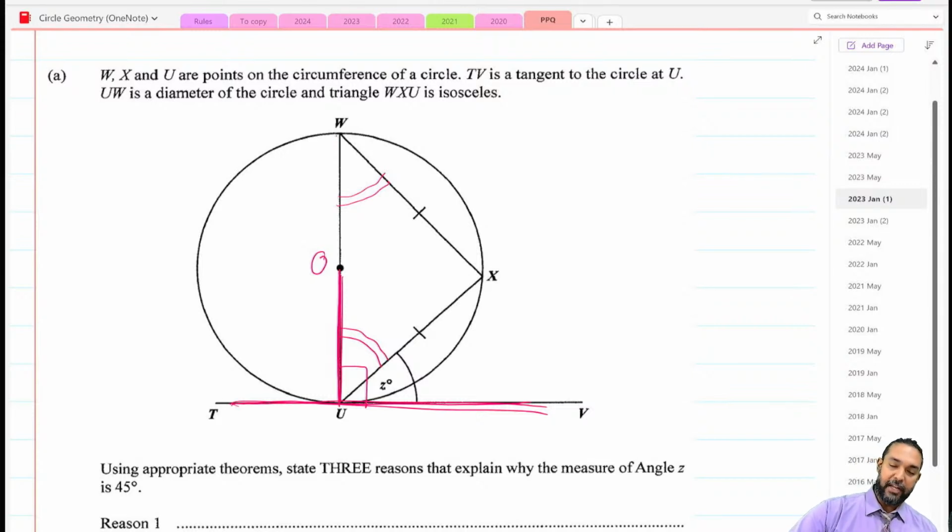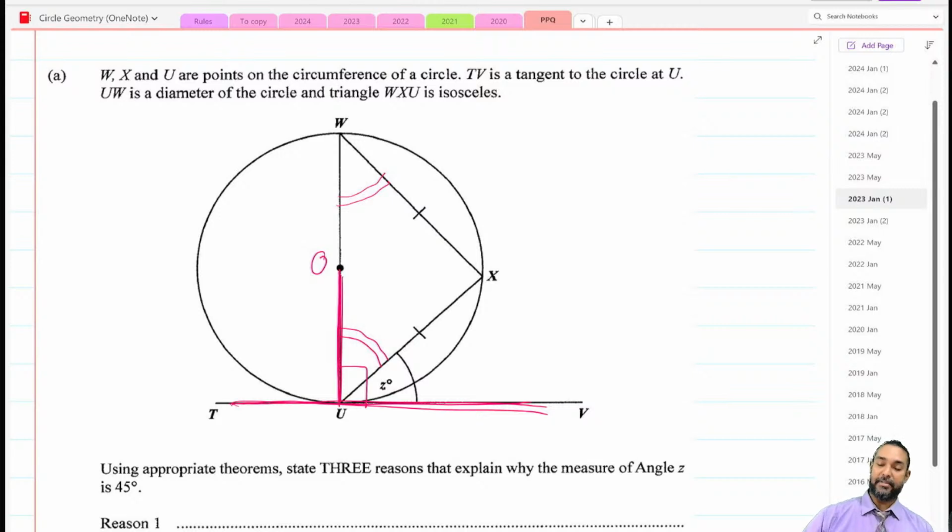And again, we know this is a diameter, right? And we've built a triangle on that diameter such that all three vertices touch the circumference, which means the angle at X is equal to 90 degrees. Or again, if you want to say it again, there's a diameter. A diameter cuts a circle in half. Half a circle is also called a semicircle.